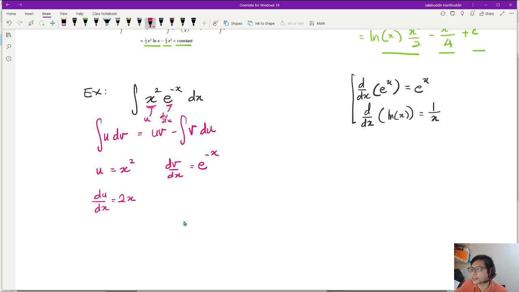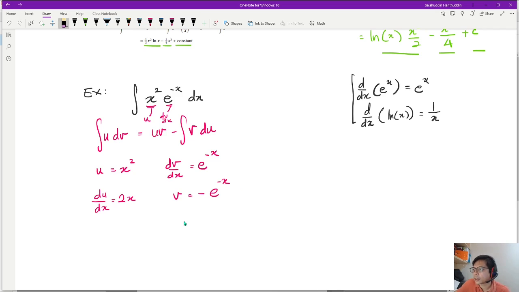And dv/dx is e to the power of minus x, so what is v in this case? I hope you're really good at your differentiation, so this will just become minus e to the minus x. If you don't believe me, you can differentiate this again and you'll get this answer.